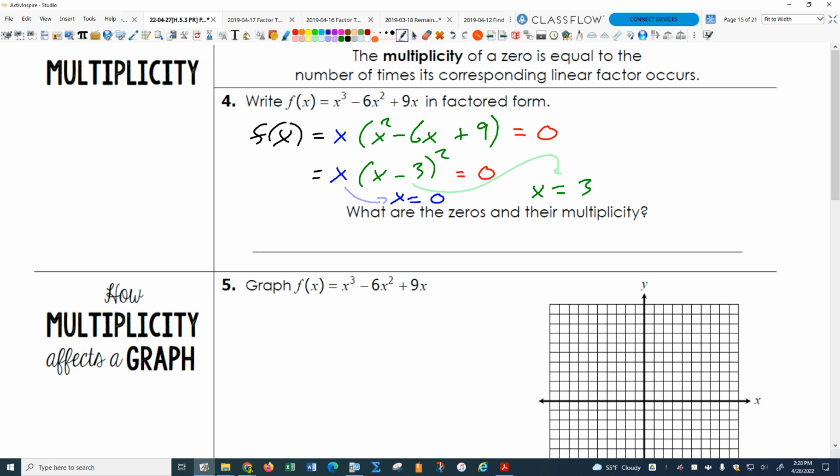If I wrote this thing out without squaring it, wouldn't I just have gotten f of x equals x times (x minus 3)(x minus 3)? Because Trey told us the magic numbers were negative 3 and negative 3, right? So I get a factor for each of those magic numbers, but we choose to write that as (x minus 3) squared.